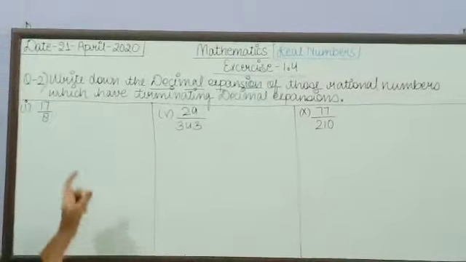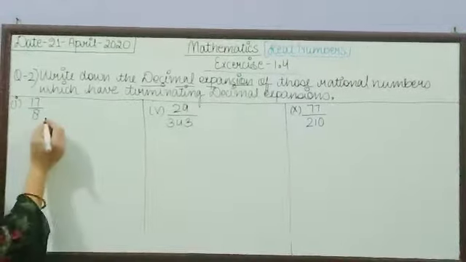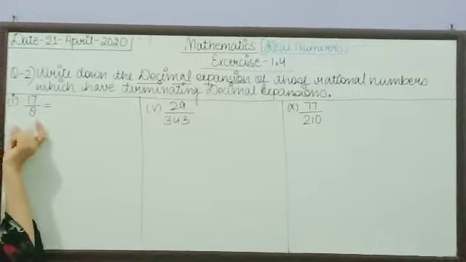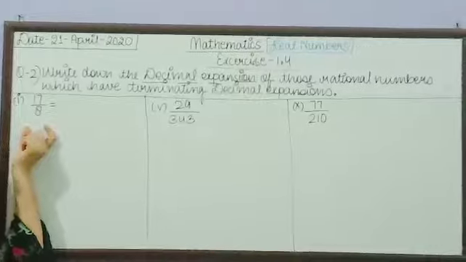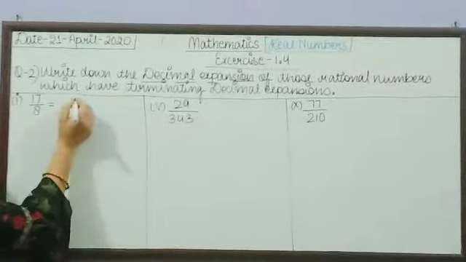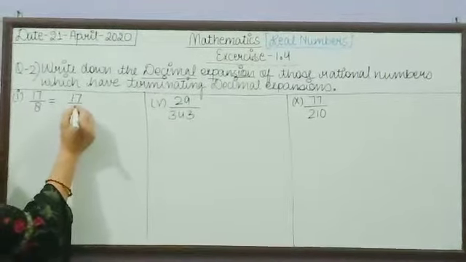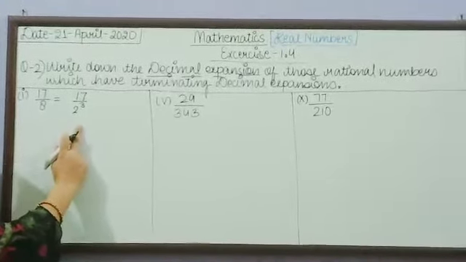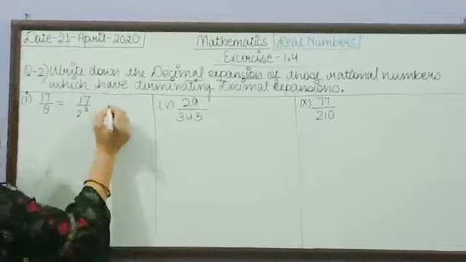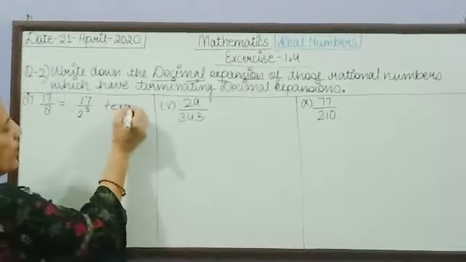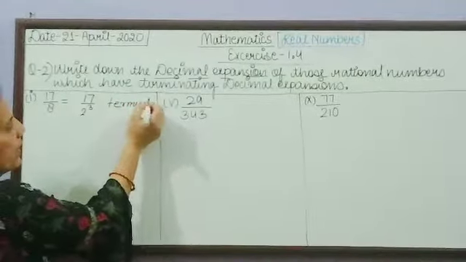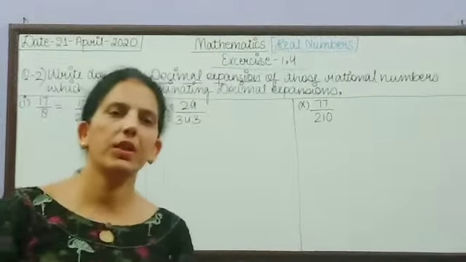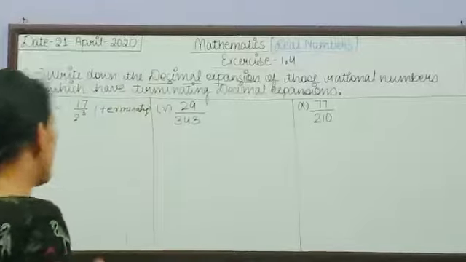First of all, you must determine whether it is terminating or non-terminating. Again, 17 upon 2 raised to the power 3. As it is in the form of 2 and 5 factors, it is terminating.